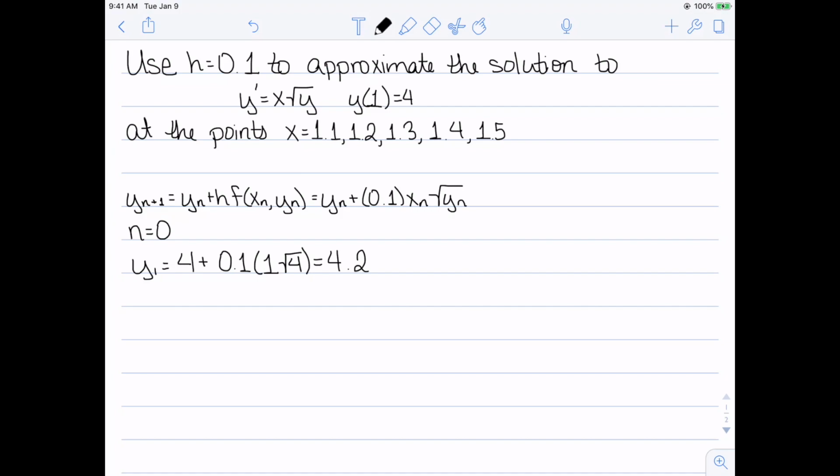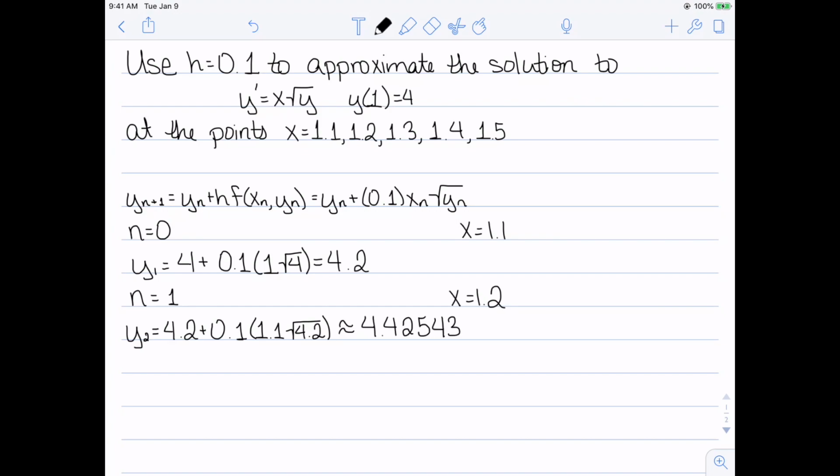Now let's look at 1.2. So this time I need n equal to 1. And let's start sticking in what we know. So the formula says that we use the previous value for y, which is 4.2, plus h, which is 0.1, times the previous value for x, 1.1, square root the previous value for y, 4.2.